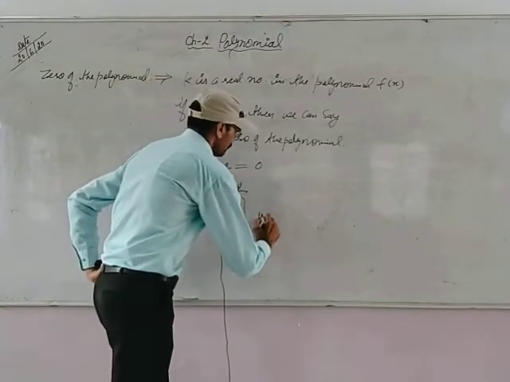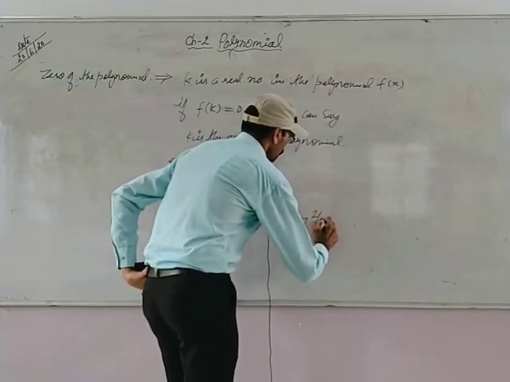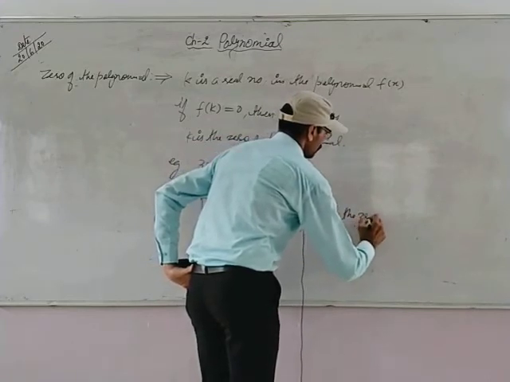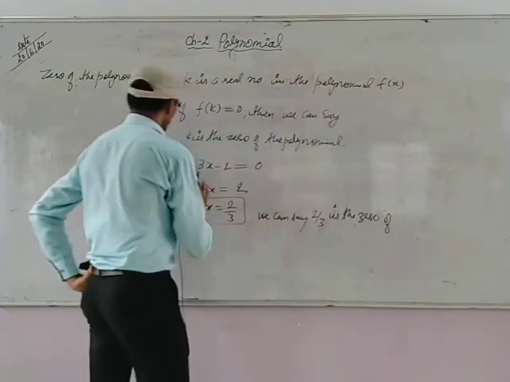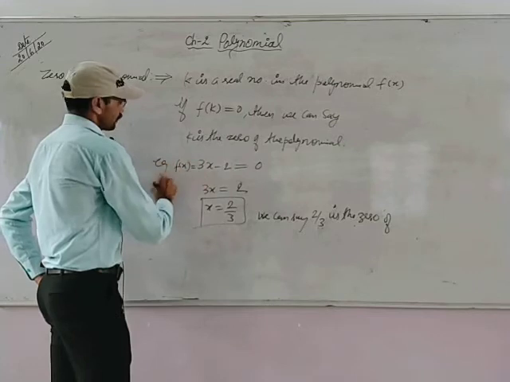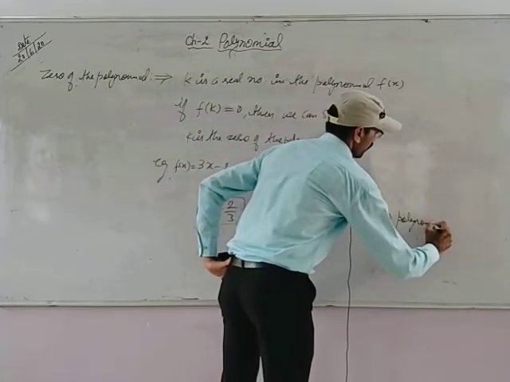We can say 2 upon 3 is the zero of the polynomial f(x).